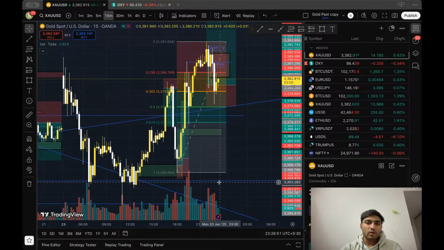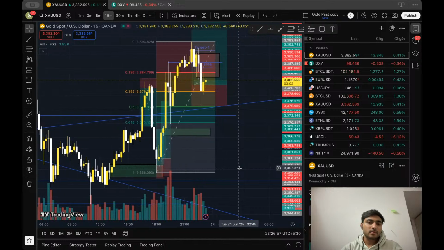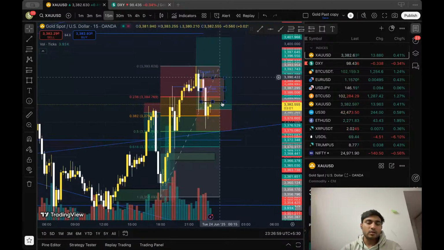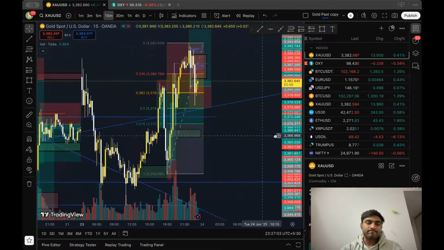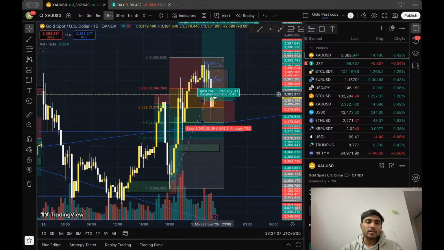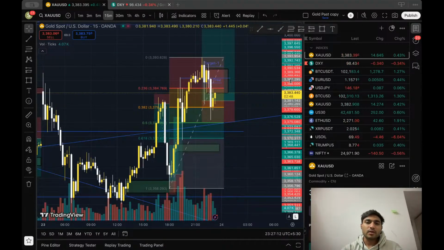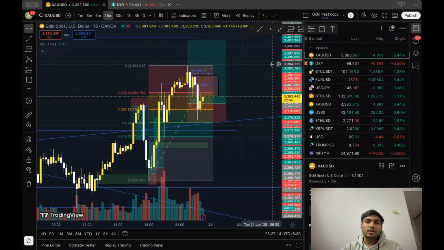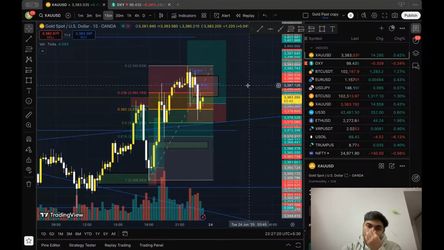Maybe we don't have the volume to make it go up. That's the only reason I could find, because everything is saying that gold should go up. If it's consolidating, the only thing I can tell is there is no volume. And that is right only. It's 11:30 and it's Monday. What would you expect, right?